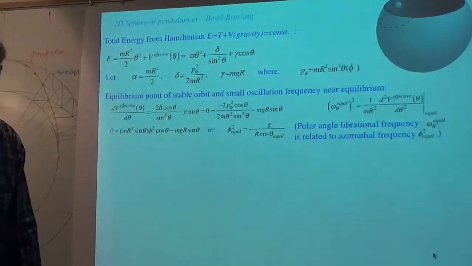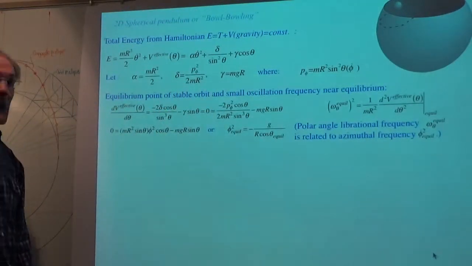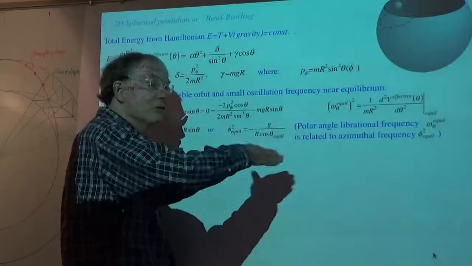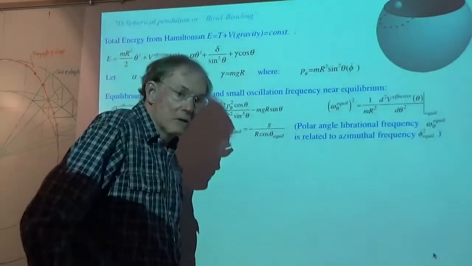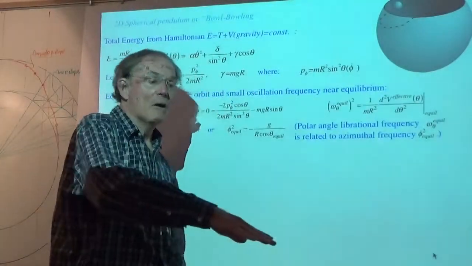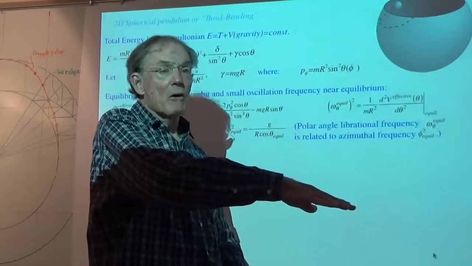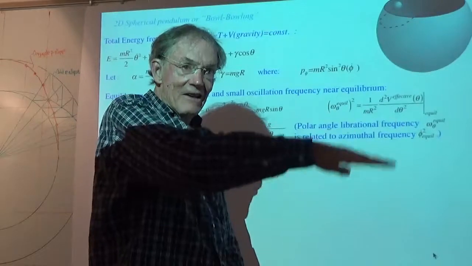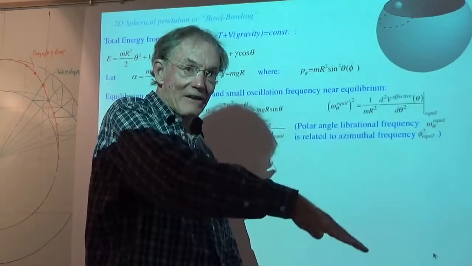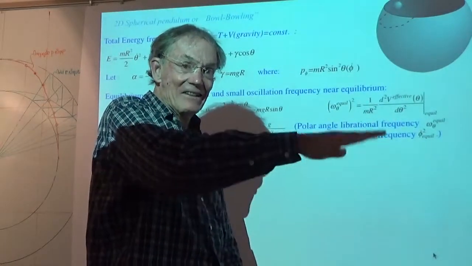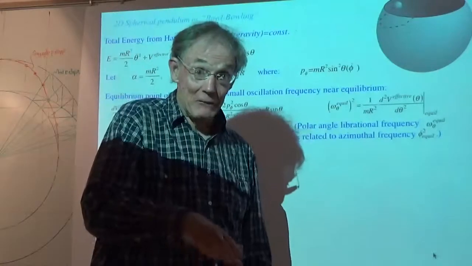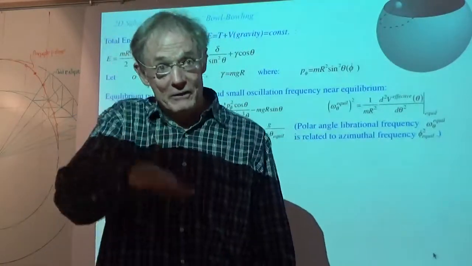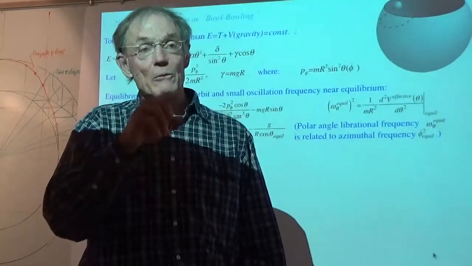What is polar angle librational frequency? That's a name that you give to the motion, particularly when a thing is going really fast so that it's up near the equator, right? And so it's librating. Now, of course, it's going around like mad, but if you could ride with it, you'd see it oscillating, and we're after that.